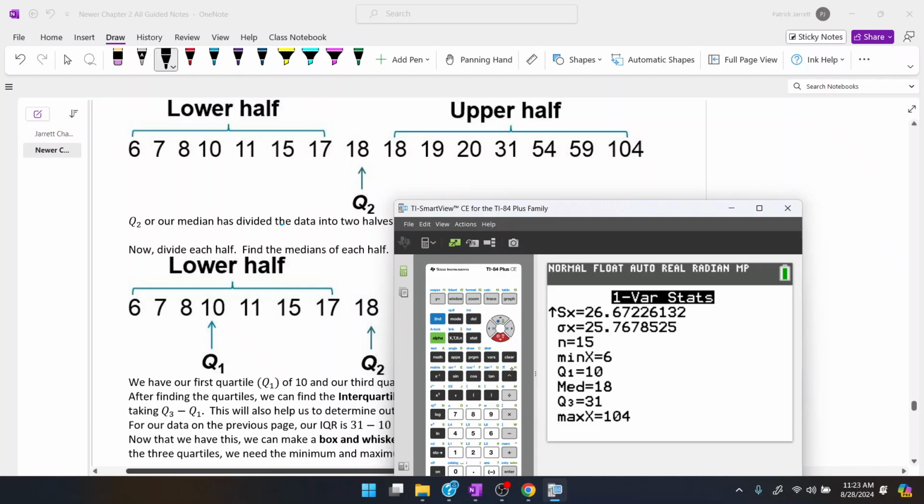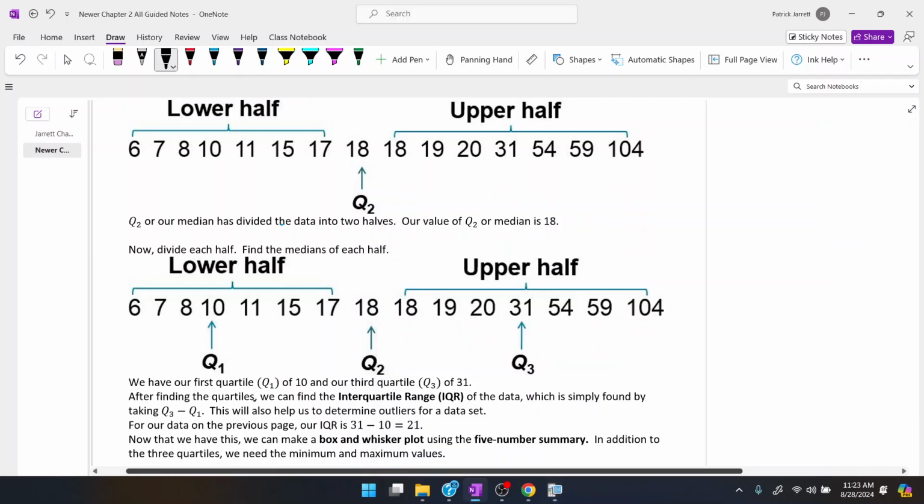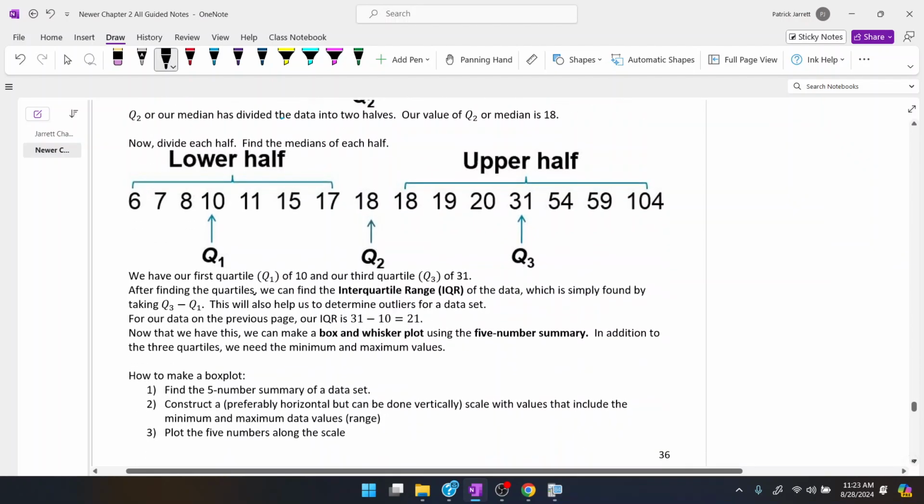Now, the purpose of quartiles is simple. We're going to find the interquartile range, which is Q3 minus Q1. There is a very valid purpose to the IQR: we are going to be finding outliers of this data.